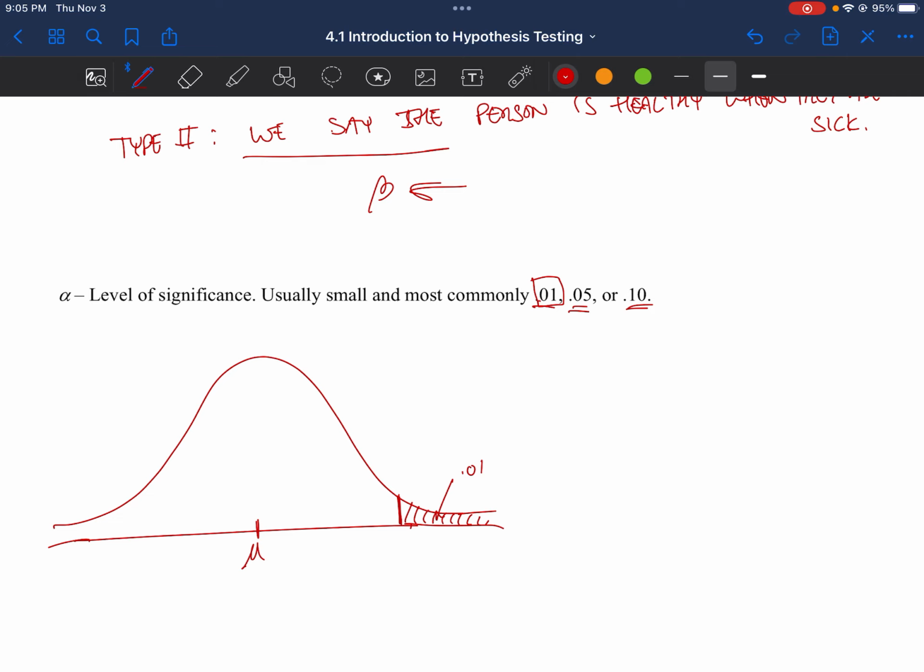Then I'm going to collect some data. And let's say I find a sample from this population, and its mean is here. The probability of the mean being here is going to be bigger than the probability that I've set out as my threshold. If my mean is up here, then the probability of this happening is going to be less than this.